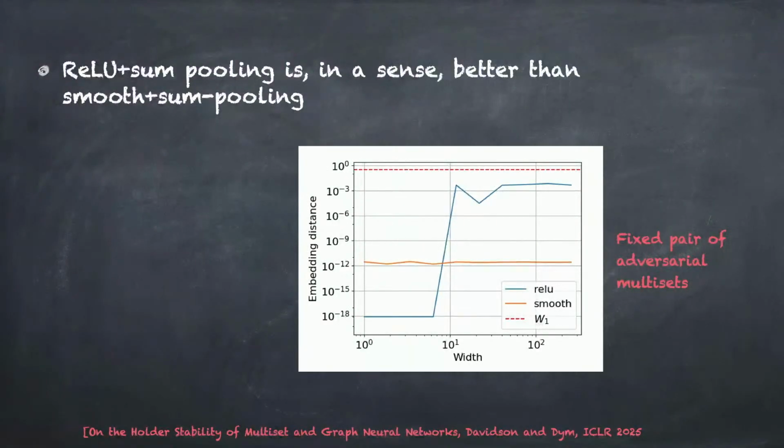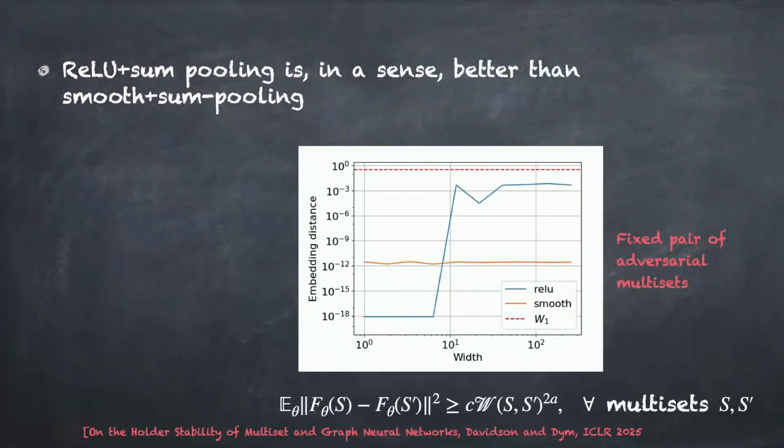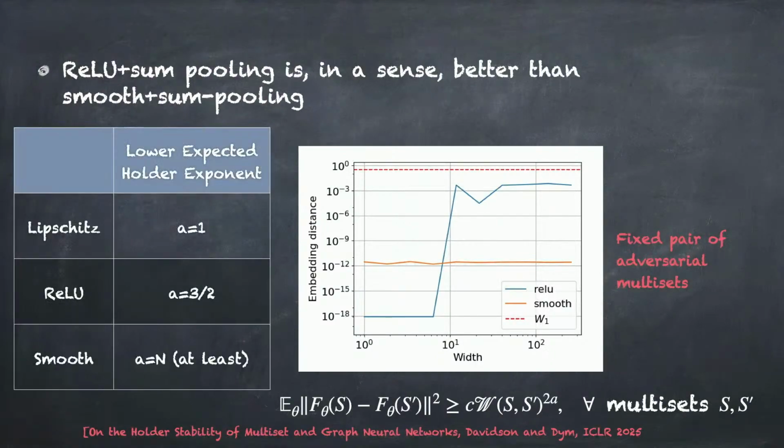This can be quantified using a relaxed notion of Bi-Lipschitzness, where for fixed multisets S and S prime, you take the expectation over all parameters, and you look at something of this form. In this context, ReLU can be lower Lipschitz in some sense, or at least lower Holder. We allow an exponent of alpha, and we get results like this.